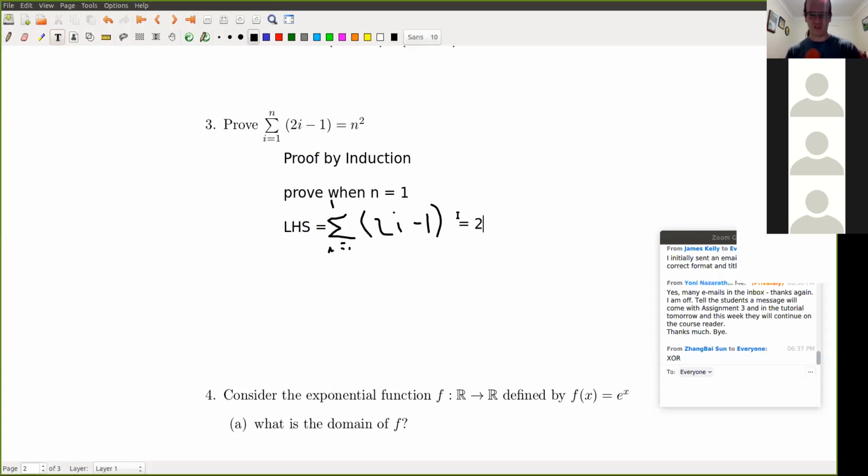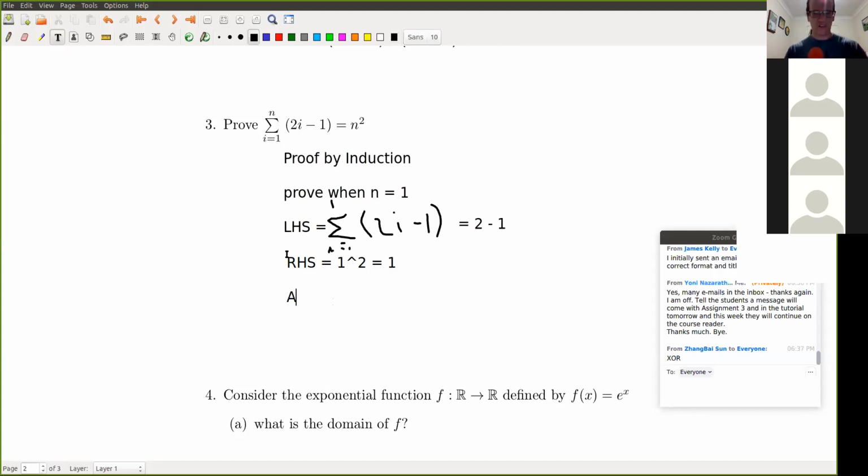Equals 2 minus 1. And go over here. Hopefully we'll see your right-hand side. That really didn't work, did it? So right-hand side equals 1 squared equals 1. So it's true for the n equals 1 case.